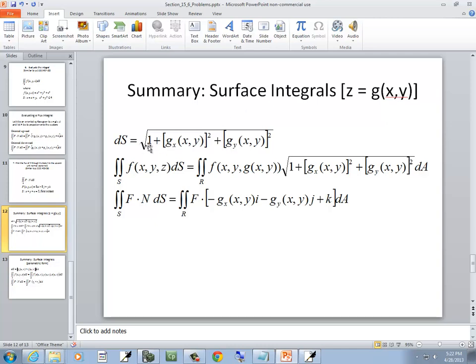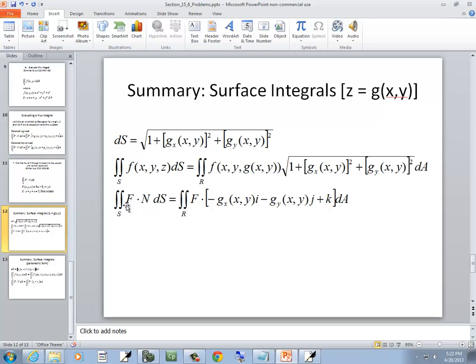We've got dS, which is the square root of 1 plus the partial of g with respect to x squared plus the partial of g with respect to y squared. You see we got our f of xy, g of xy. We looked at that. You plug whatever your z equals in for the z to get it to disappear, and then times that square root.